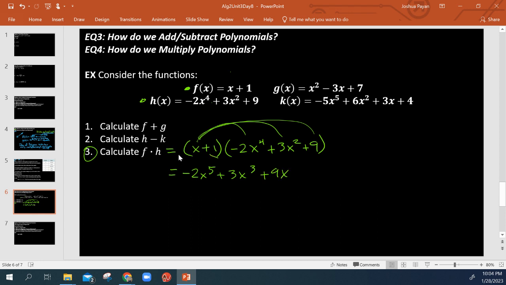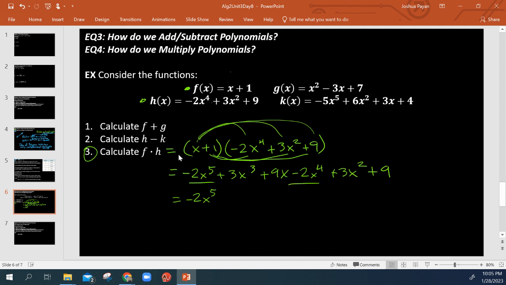Okay, now I'm going to multiply everything by 1. And of course, that's going to be relatively simple. Okay, anything times 1 is just itself. Okay, so now it's just a matter of combining like terms, right? And we see negative 2x to the fifth combines with nothing, so we're done with that.